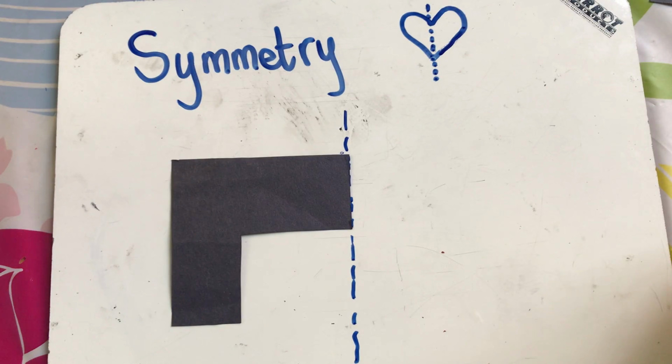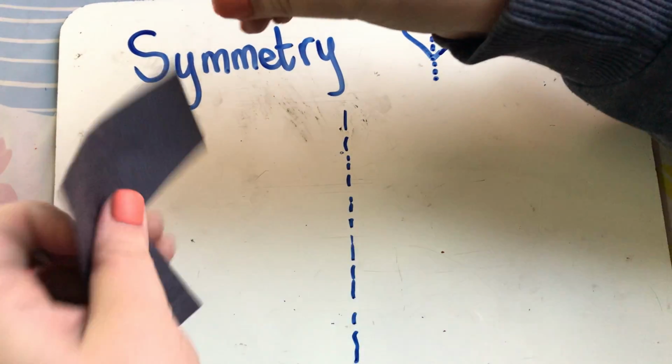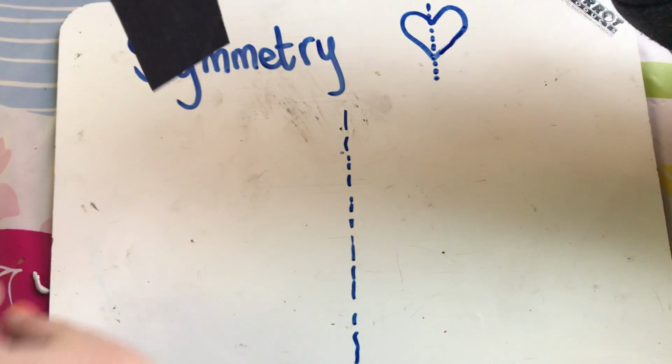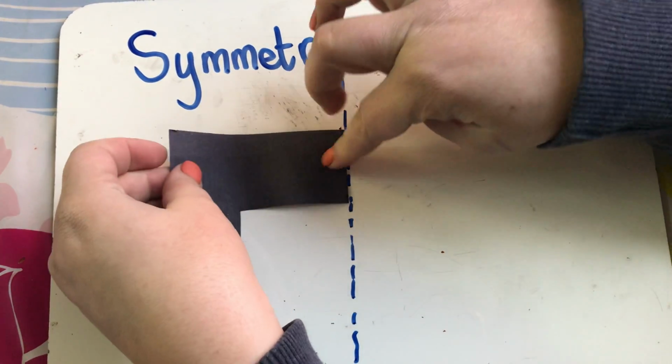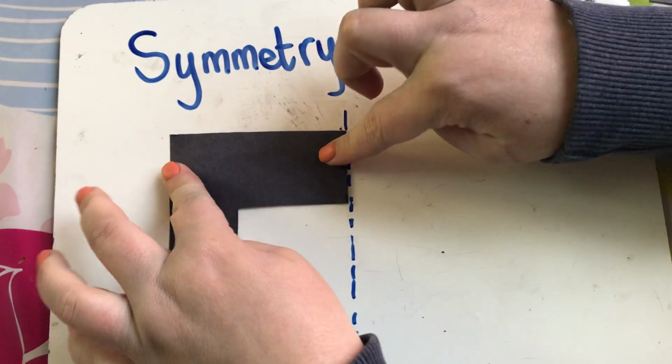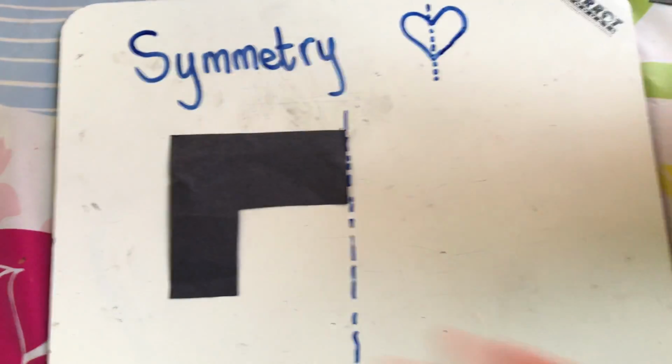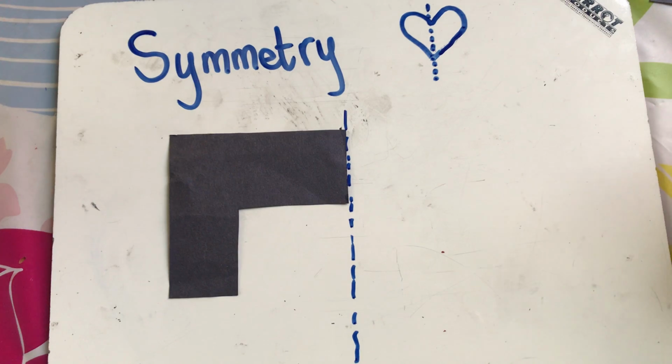Let me just get some press stick so that I can keep this shape intact, because otherwise it's going to move around. Okay, so you got the shape and you got the line, and I tell you, draw the shape so that the line of symmetry is running through the middle.